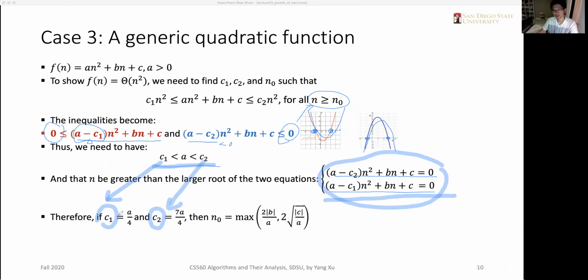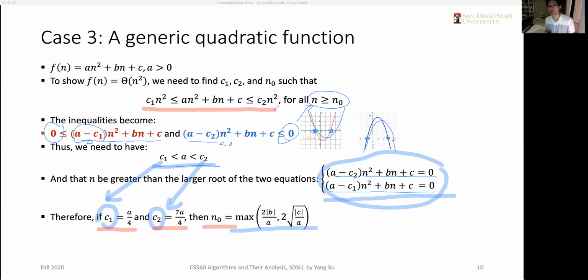Okay, so after substituting C1 and C2 into the equations, we can solve the roots of these two equations, and we choose the larger one among them. So far we have found the values for C1 and C2 and n0, which satisfy this condition.